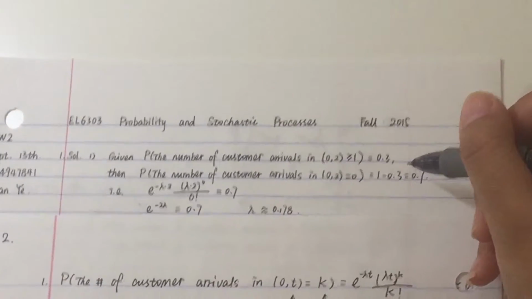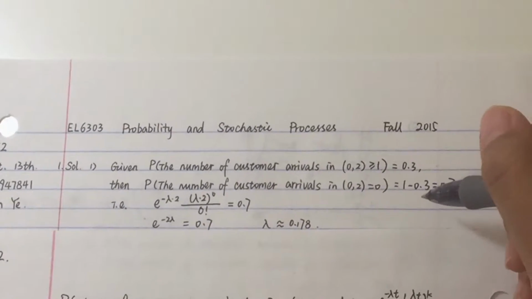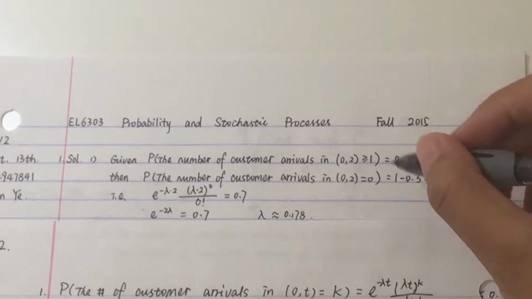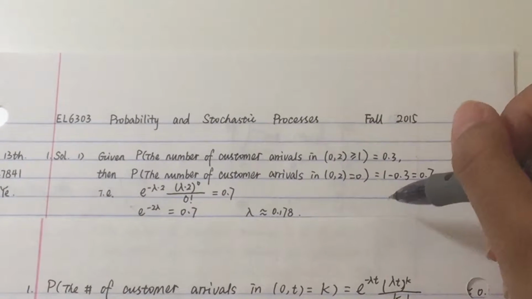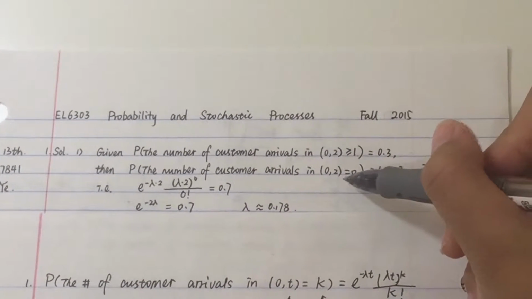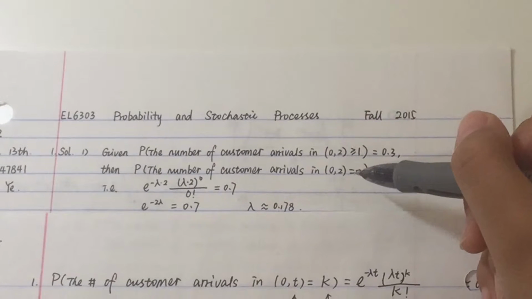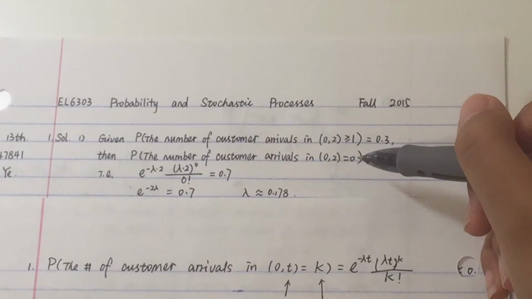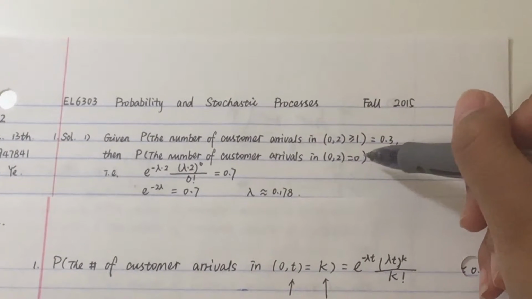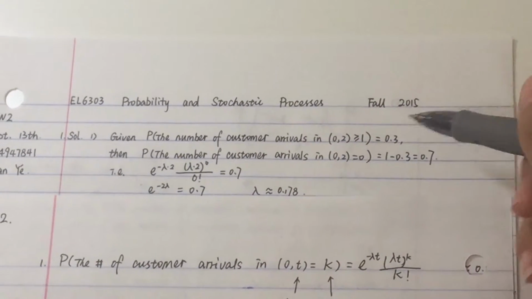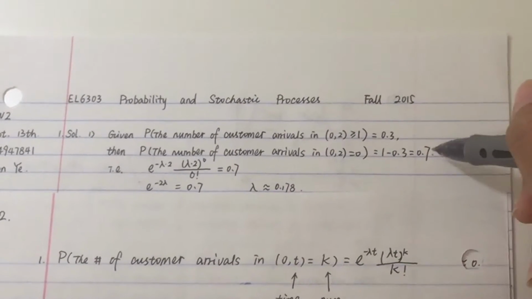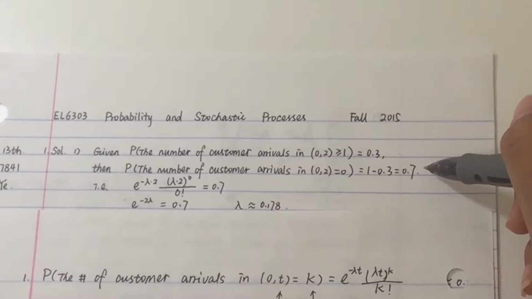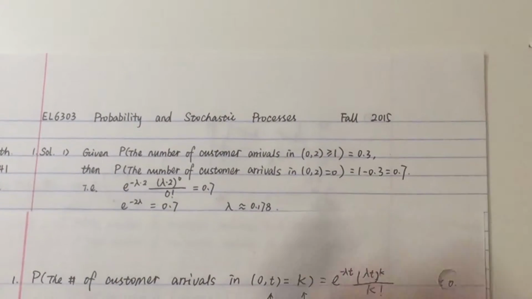So we know the inverse event of this situation is that no customer will come. So here we get the number of customers who arrive in the first minutes, here k equals 0. We get its probability is 1 minus 0.3, which is 0.7.